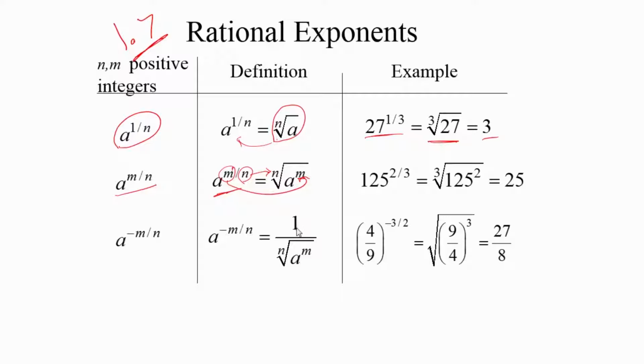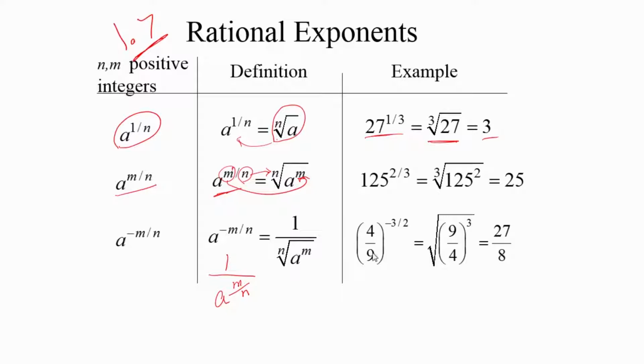The first step is you write this as 1 over a to the m divided by n. And then based on this one, 1 over the nth root of a to the m power. So this one first, it goes to this, and then this.